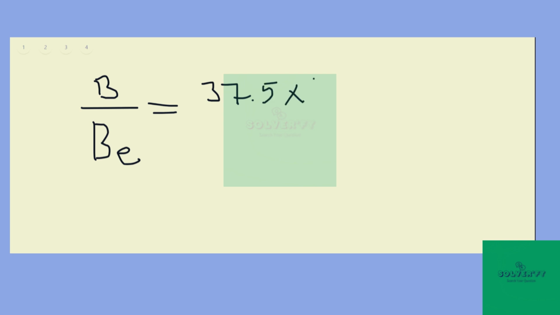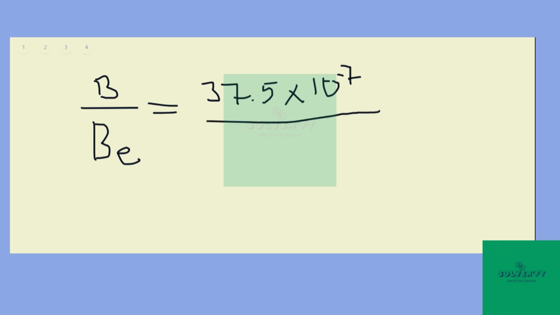So now I know the magnetic field because of the transmission line. I divide that magnetic field by the magnetic field of the Earth. So the magnetic field because of the transmission line which we found is 37.5 times 10 raised to negative 7.